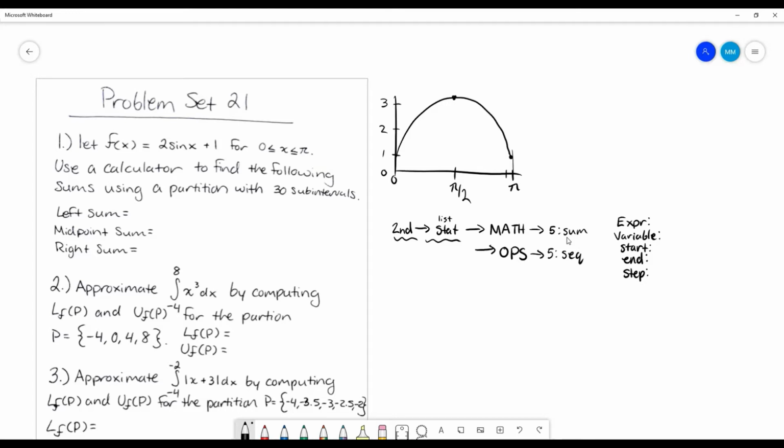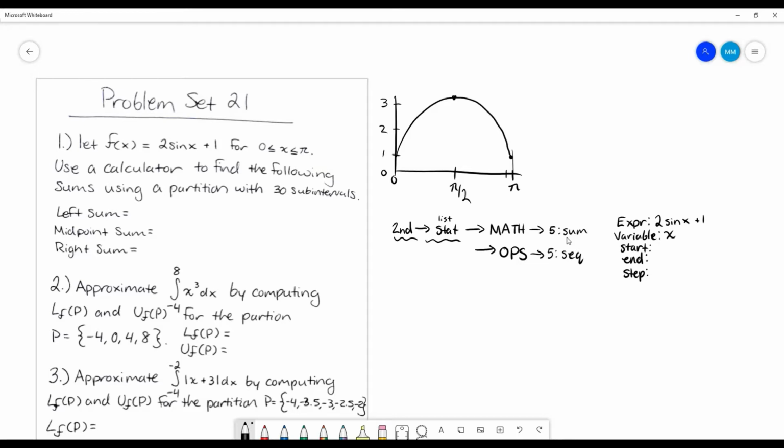So this first part right up here is where we're going to type in our function. In this case, it's 2 sine of x plus 1. So I'm going to go ahead and type that in my calculator, 2 sine of x plus 1. Then it asks for the variable. Our variable in this case is x.